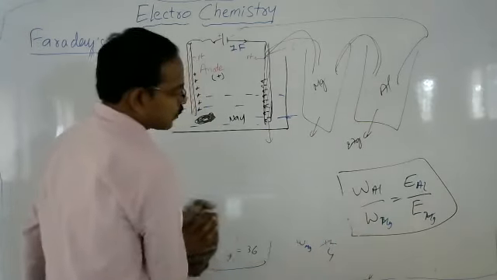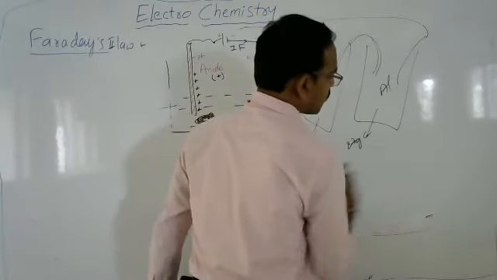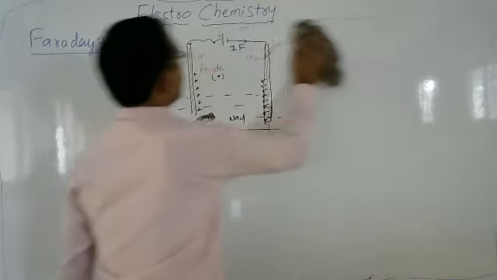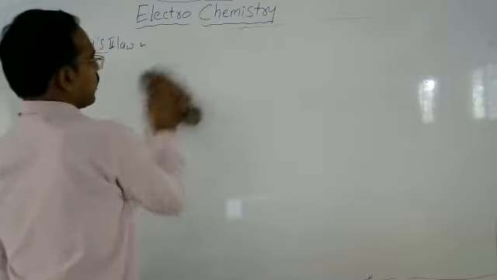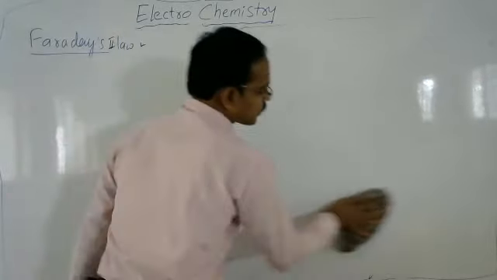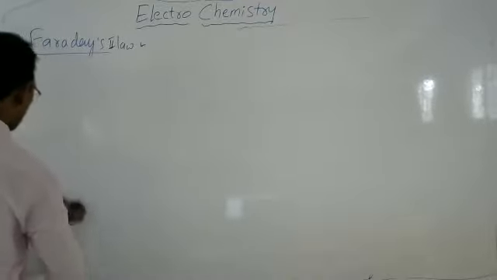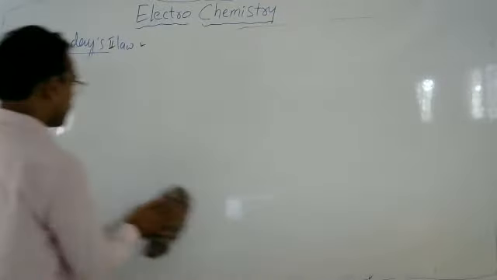Magnesium's valency is 2, that's why upon 2. Aluminum valency 3, that's why upon 3. If you learn normality, in normality we will use equivalent mass only. Once you revise normality, if you are not understanding, then you can ask in the next class.